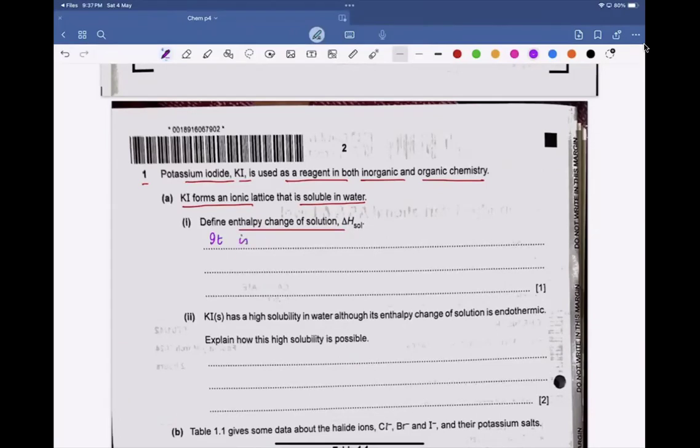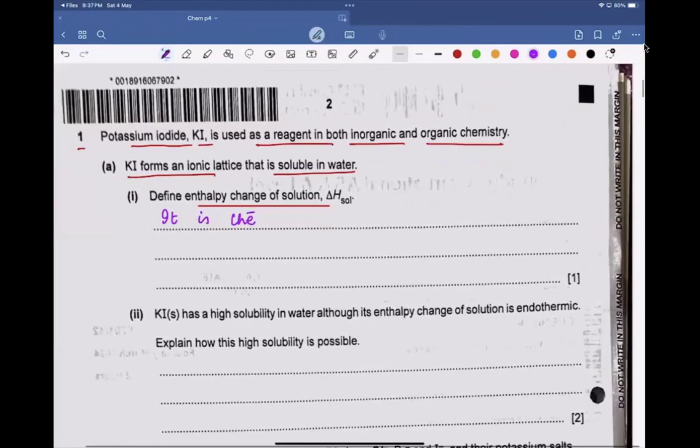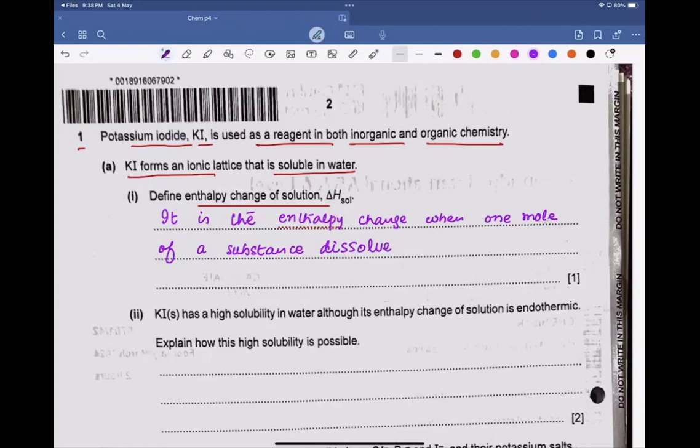So it is the enthalpy change when 1 mole of a substance dissolves in water to form a very dilute solution.